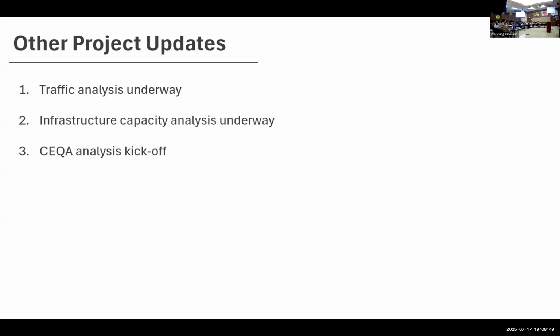Additionally, we've also kicked off our infrastructure capacity analysis. A team is working on that, and along with general utilities, they're also looking at district energy and what creative solutions we could have for forward-thinking sustainability within the plan area.